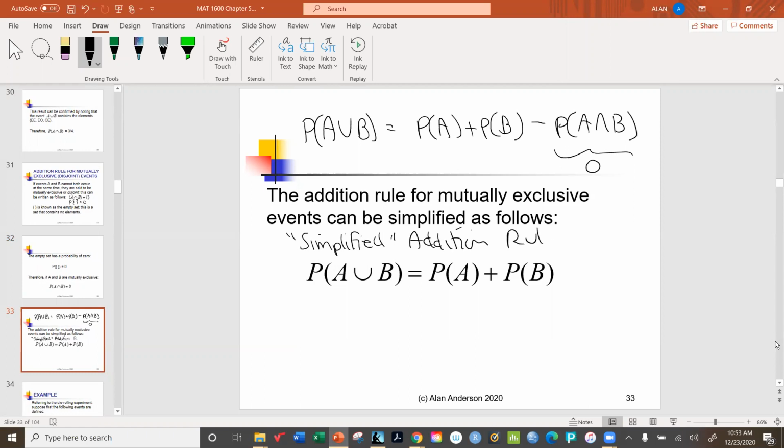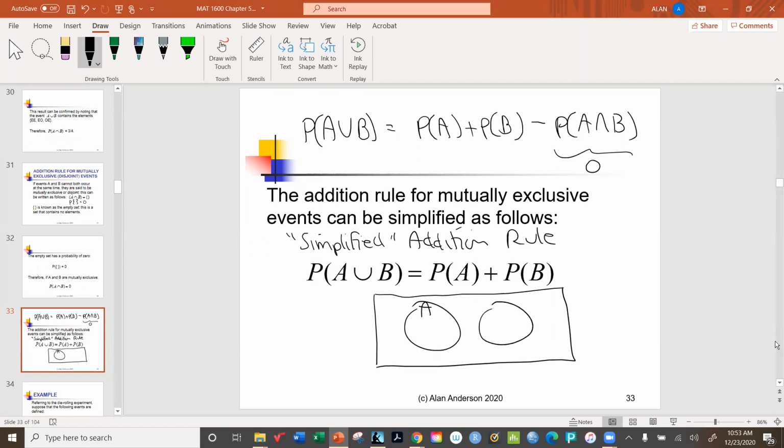And that's so nice and simple, isn't it? We don't need to bother with this. This is the case using our Venn diagrams. They don't intersect. There's no overlapping between them. So we can just add them up. But of course, this is a special case. This only can happen when they're really mutually exclusive. They have no elements in common. Okay, so let's not forget, this means no elements in common.